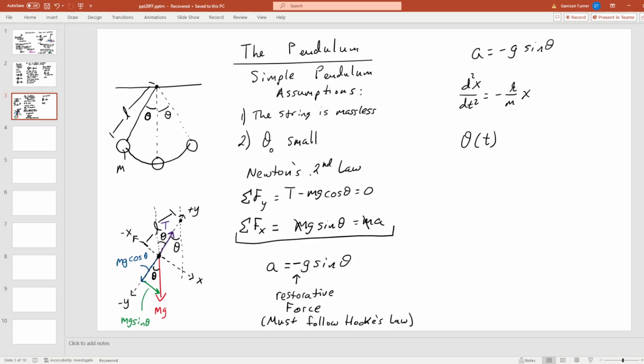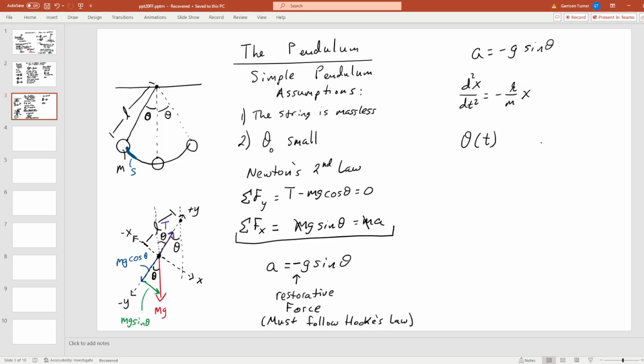Okay? And so the way to think about our acceleration is think about some arc length. As the pendulum swings, it's going to swing through some arc length per time.